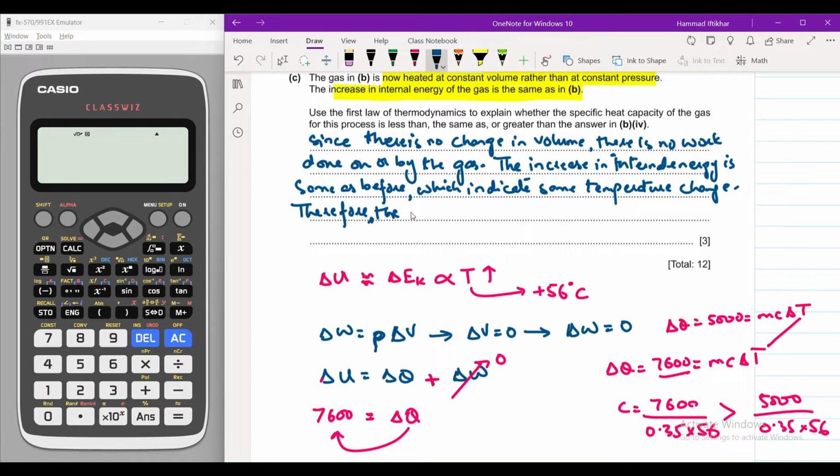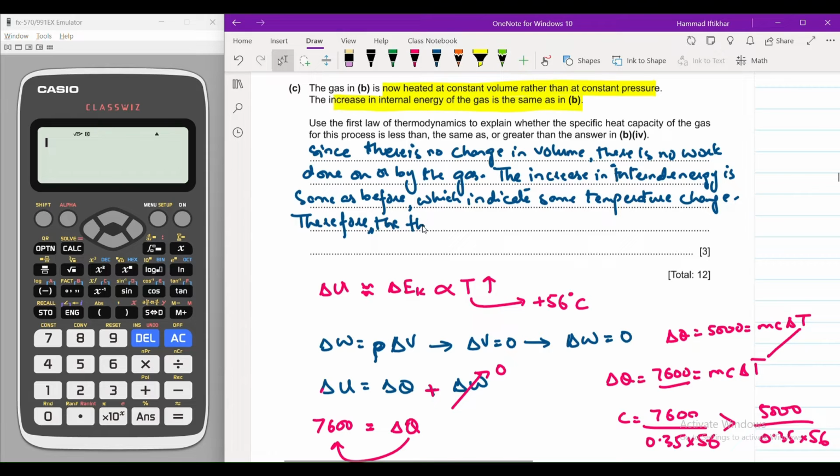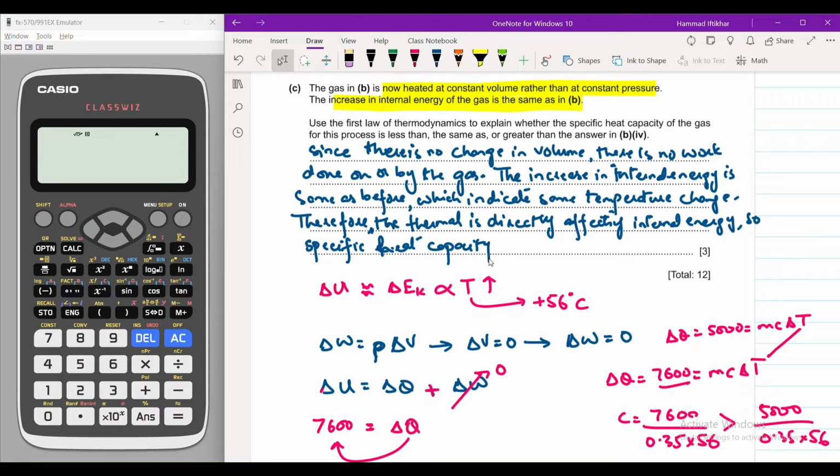Therefore, the thermal energy is directly affecting internal energy. So the specific heat capacity would be more than before.